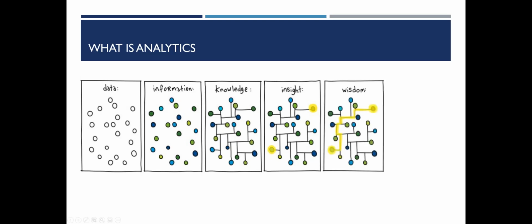Wisdom. Wisdom is what makes us humans unique. We have the ability to think beyond what data can ever do. It is the ability to draw conclusions based on all the prior data, the information, the knowledge, and insights. These are complex brain work.